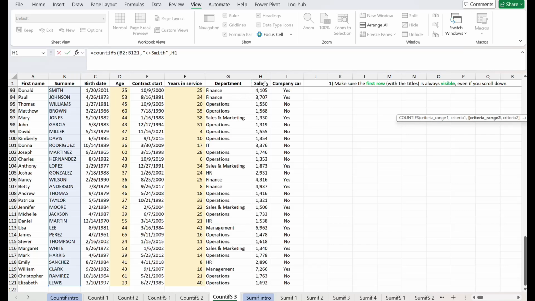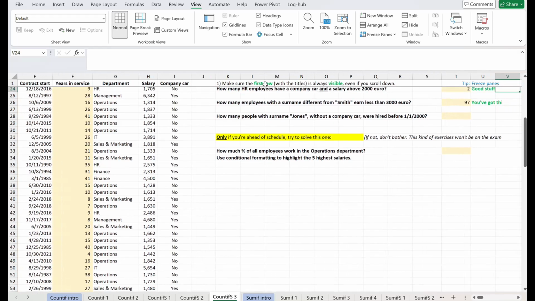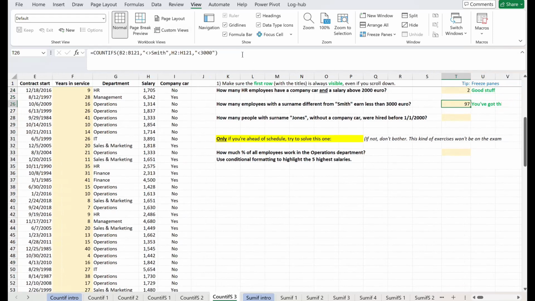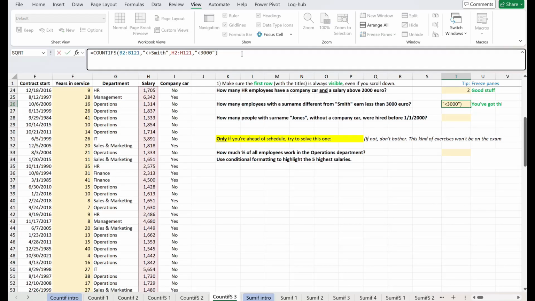And the salary has to be less than 3,000. Is that it? Yes. So have a look at the solution. Yeah, so smaller than and bigger than together means different from in Excel.